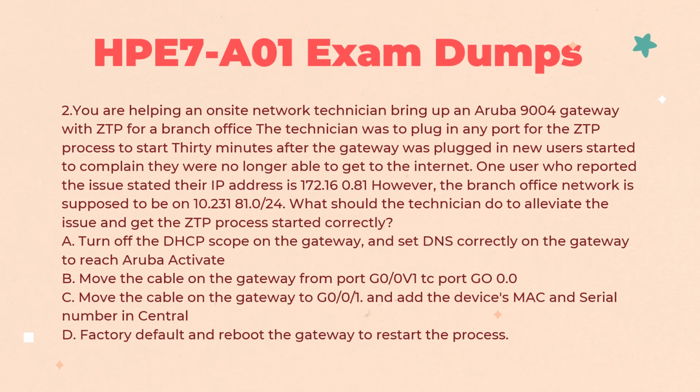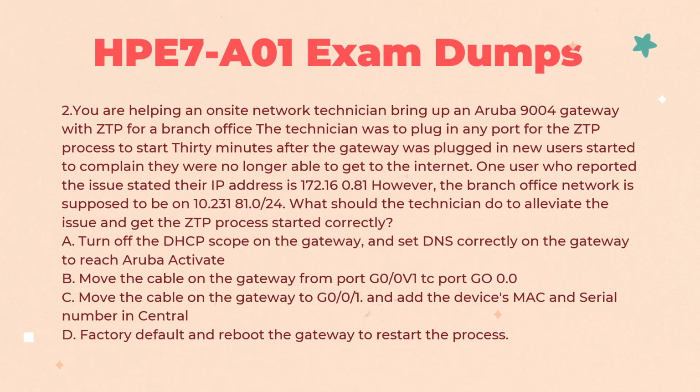One user who reported the issue stated their IP address is 172.16.0.81. However, the branch office network is supposed to be on 10.231.81.0/24. What should the technician do to alleviate the issue and get the ZTP process started correctly?